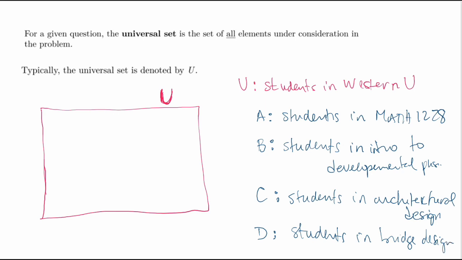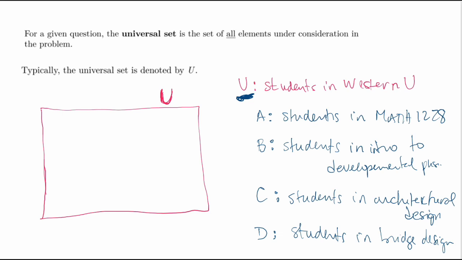Okay, so let's say that I want to study all of these students. Well, first of all, if I am considering all the students in Western University, this defines what we call a universal set, right?